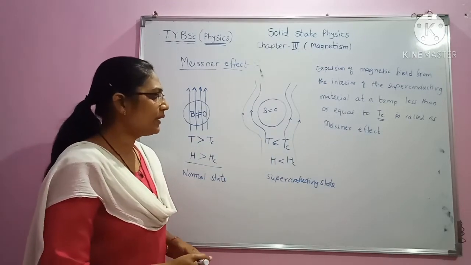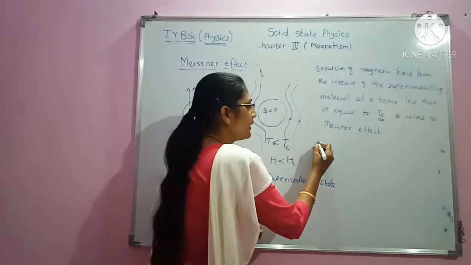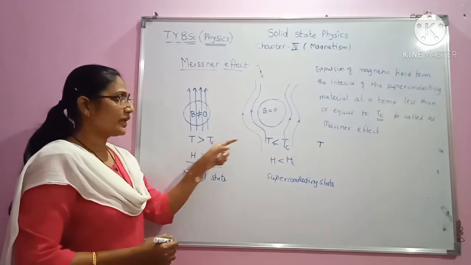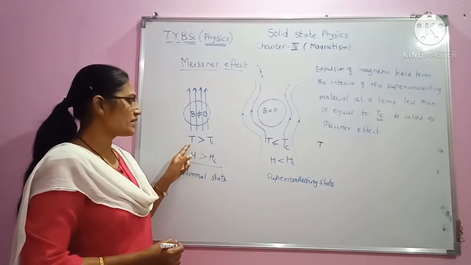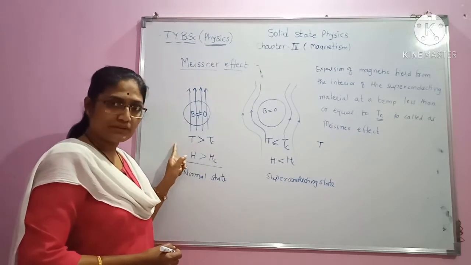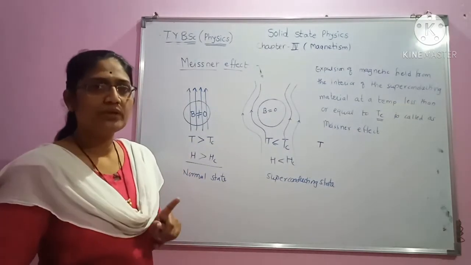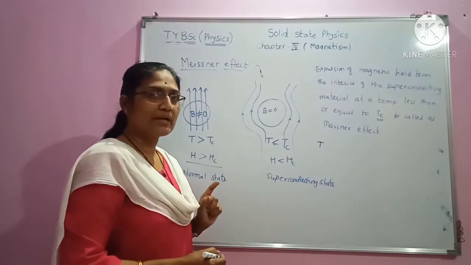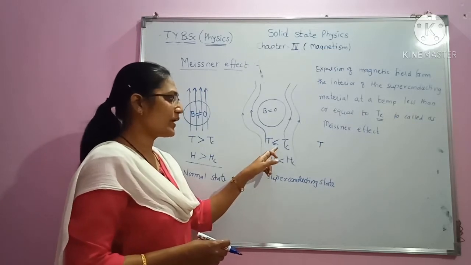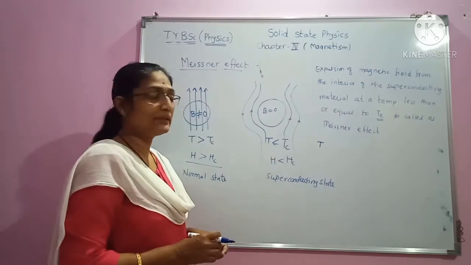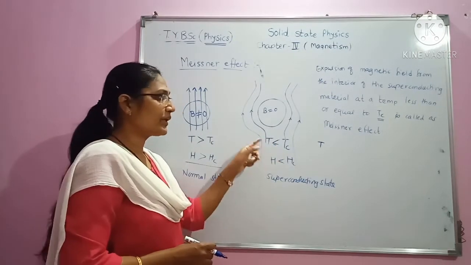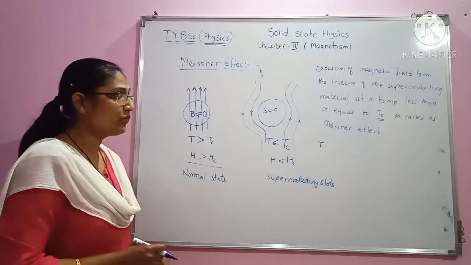It means that the material will be in the normal state for all temperatures greater than Tc, and the material will be in the superconducting form, that is its resistance becomes zero, for all temperatures equal to or less than Tc.